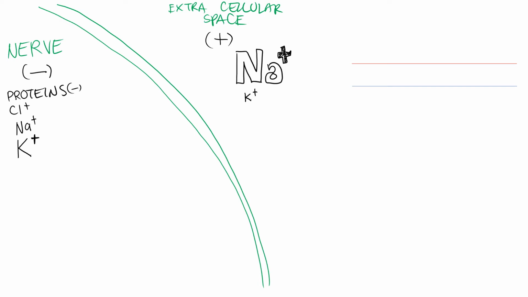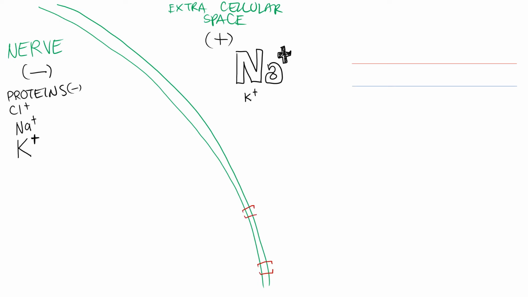The big mover of positivity would be your sodium. So remember, nerve is more negative inside its cell. It's because of your proteins, negatively charged ions, and the fact that you have so much less sodium inside than outside. Now, go back to your nerve membrane.